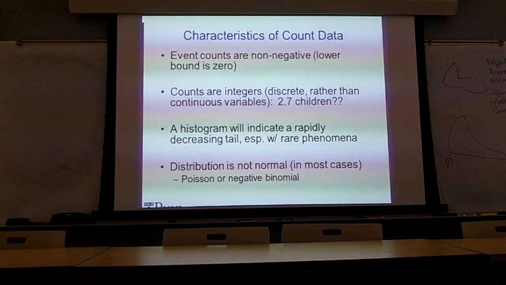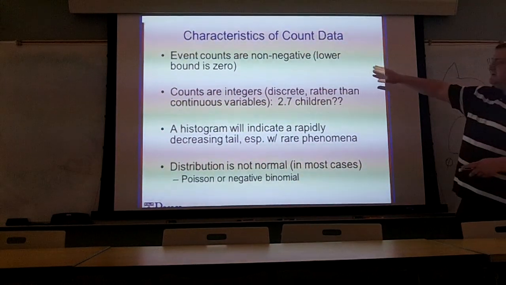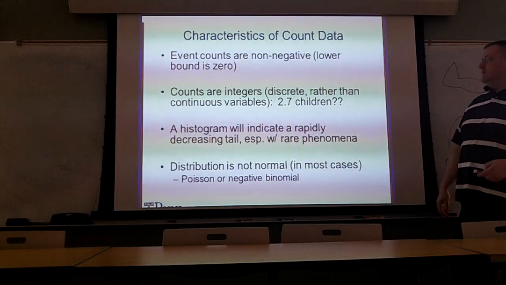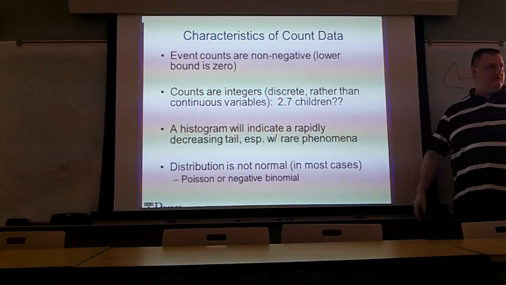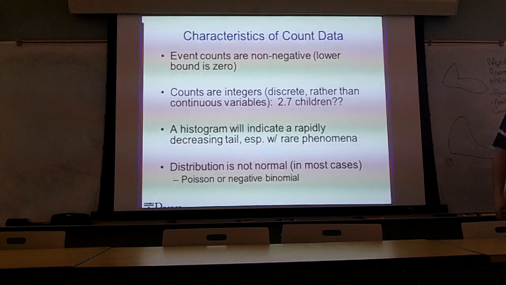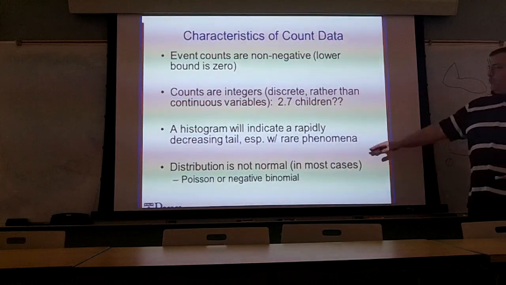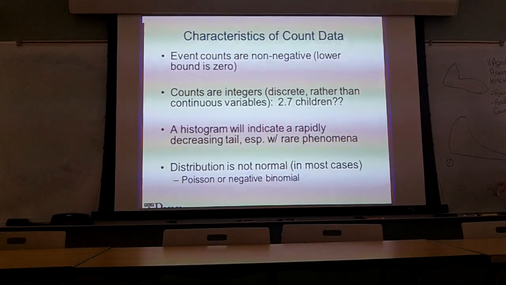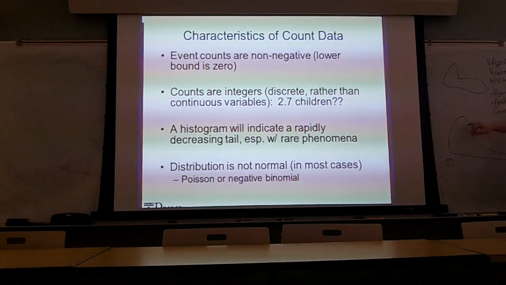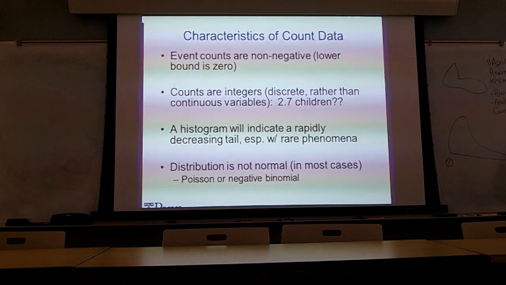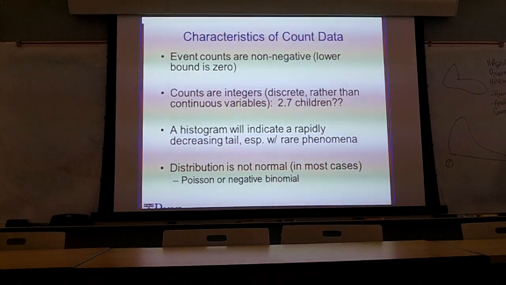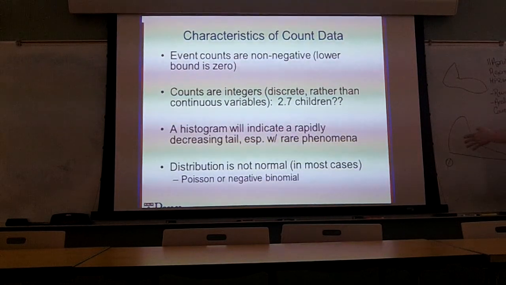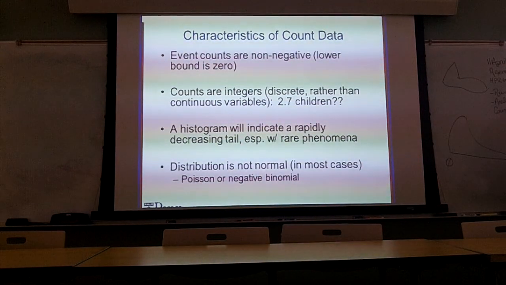So we talked about the characteristics of count data. It can't be negative. The lower bound is 0. We're dealing with integer data, whole numbers. When you plot your data with counts, the histogram tends to take on this shape. Now, this is a smooth distribution, because these things are all connected, a nice transition from one thing to the next.